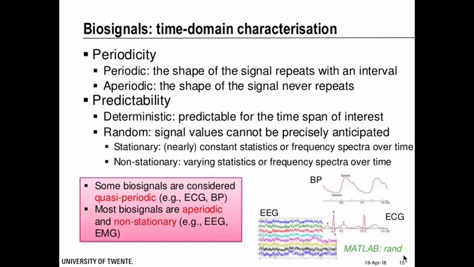So we see that they have periodicity of two types. They're either periodic, which means that they have a regular shape, constantly going up, going down, or at least some reasonably repeatable shape going back and forth, or aperiodic signals where the shape of the signal never really repeats completely.